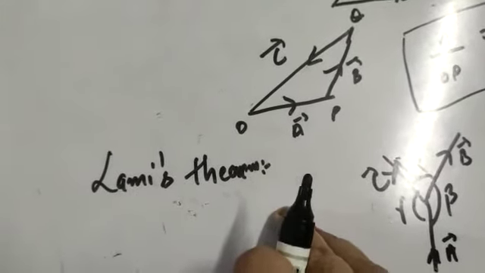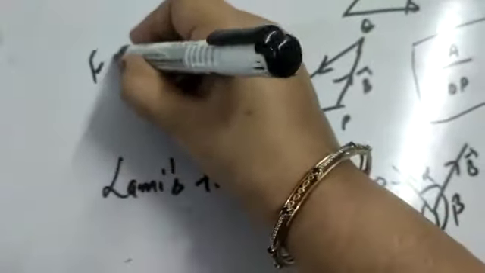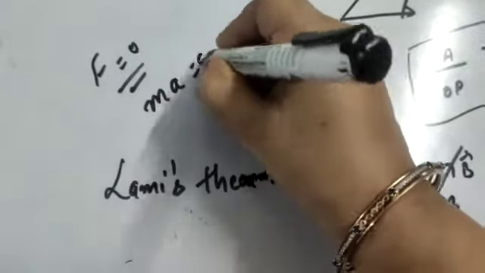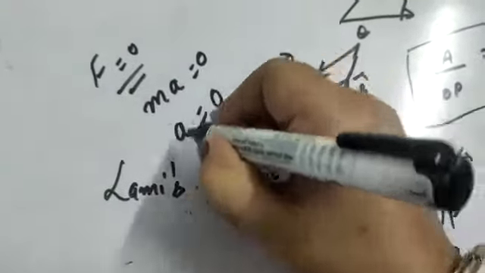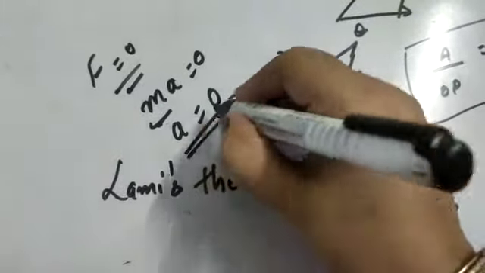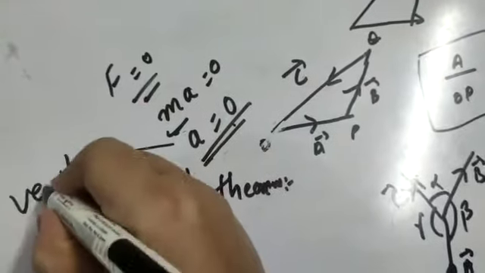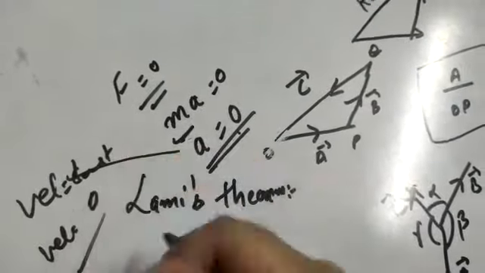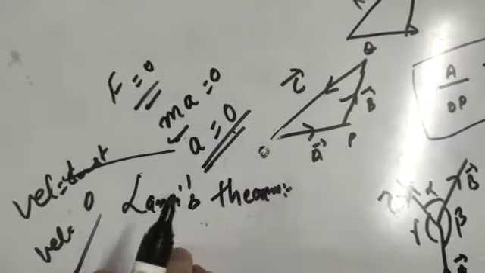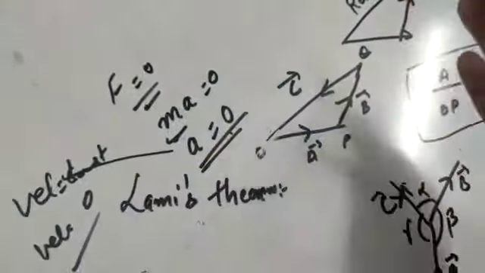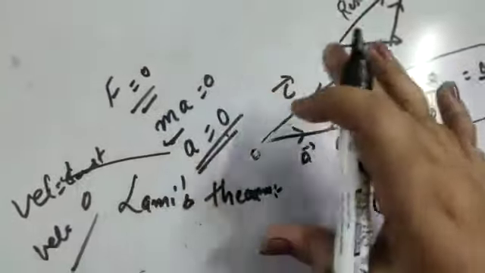Then F is equal to 0, so ma is equal to 0. Mass cannot be 0, so a is equal to 0. Acceleration 0 means either velocity is constant or velocity is 0. Two cases can occur: either the body is at rest, a stable position, or it is moving with uniform velocity, which is again an equilibrium position.